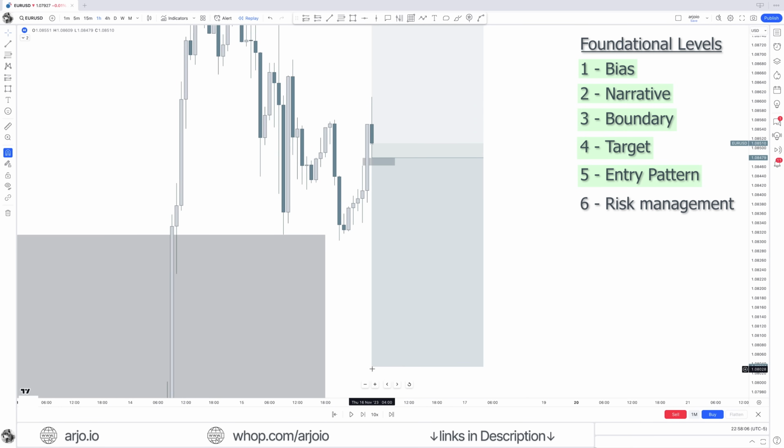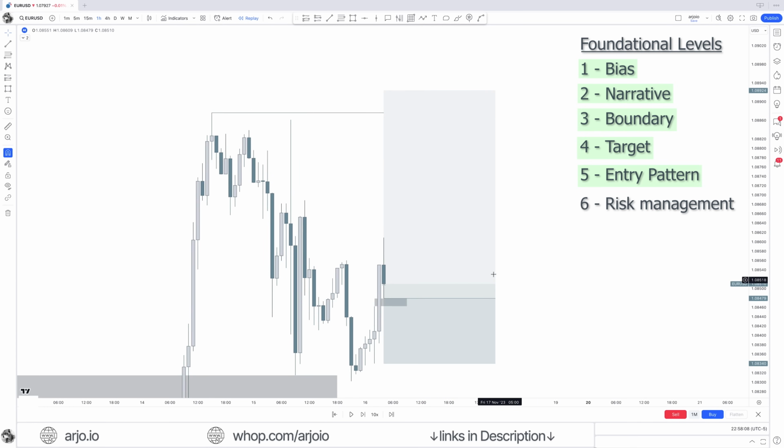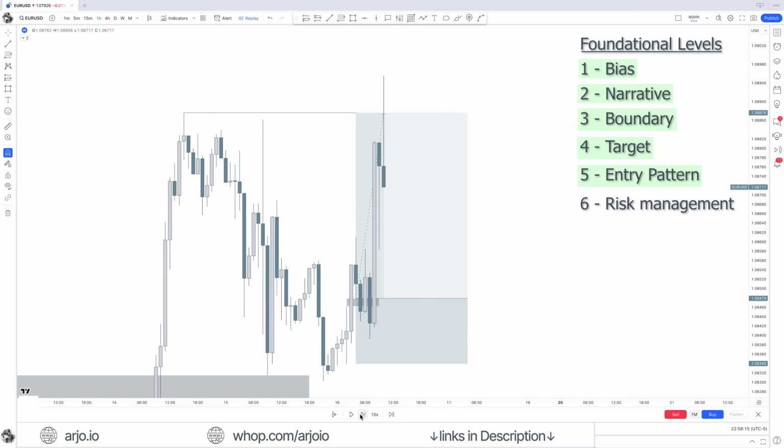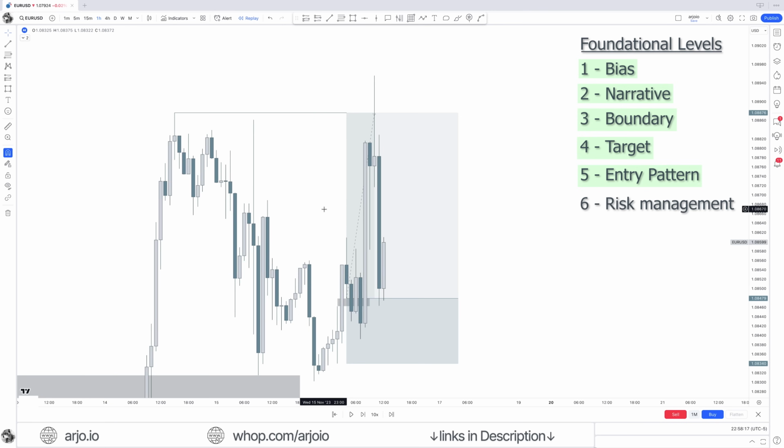And then we cover this low right there. Perfect. Okay. What was the original target of foundational level number 4? That high. Okay. Well, continue higher, take profit, make money. Perfect. Thumbs up. It doesn't need to be that complicated.